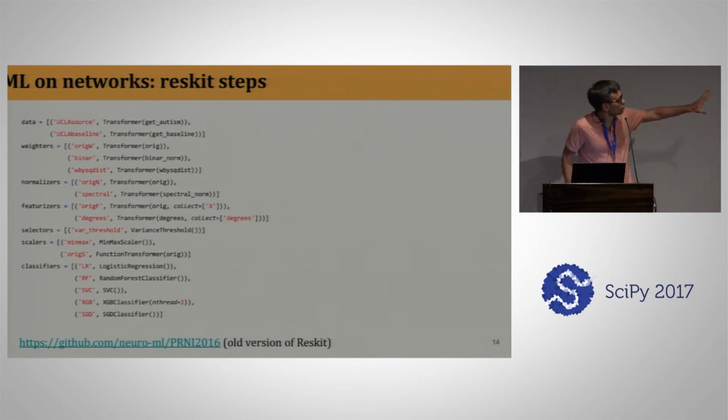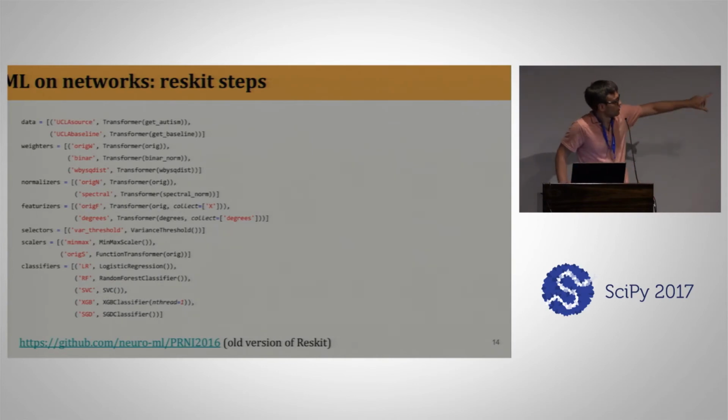So how it looked in Reskit, how we define this transformation. In this particular case, we defined some kind of data loaders. It was developed in an older version of Reskit. We slightly refactored it, but essentially the idea is the same.